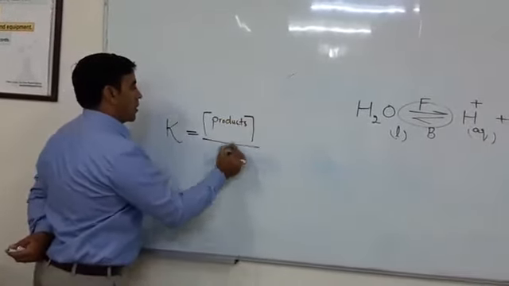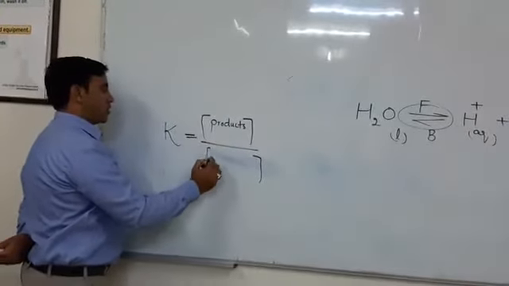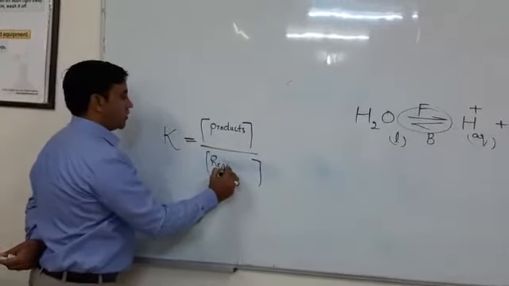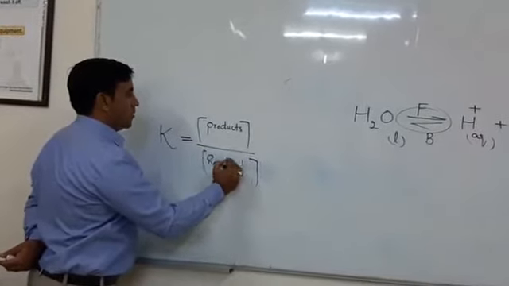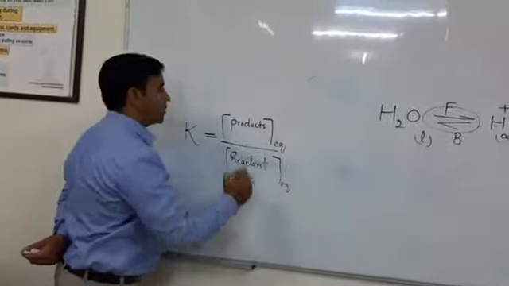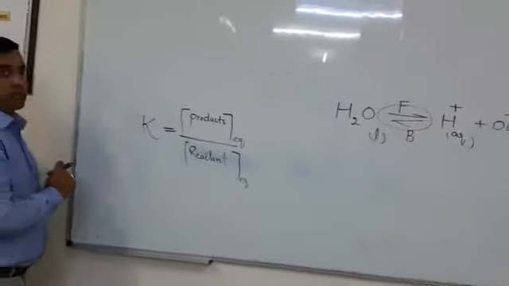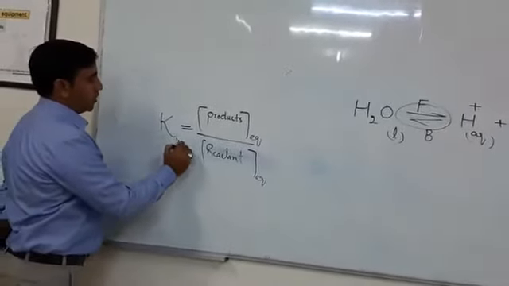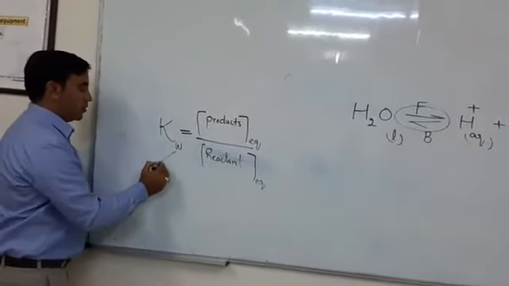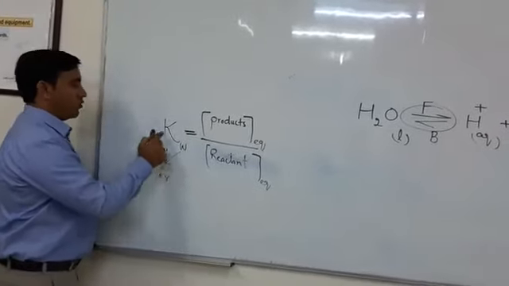over reactant. Concentration of product over concentration of reactant. You can write here equals, meaning at equilibrium state. Because we are going to study water, that's why we use W here. This W means ionic product of water.